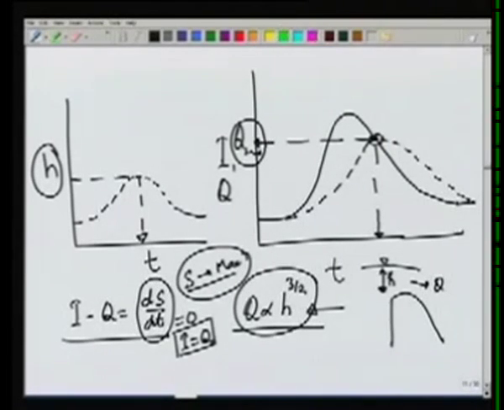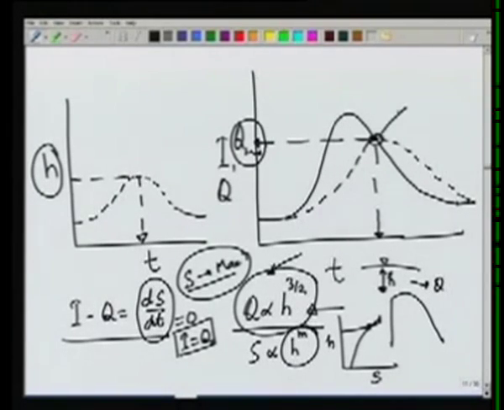And since we say that S is also related with H, maybe some power m, or maybe a nonlinear function of H, S will be maximum at some point, means that H will also be maximum at that point, and Q will also therefore be maximum at that point. So this shows that the intersection point where I is equal to O represents maximum outflow and maximum storage in the reservoir.